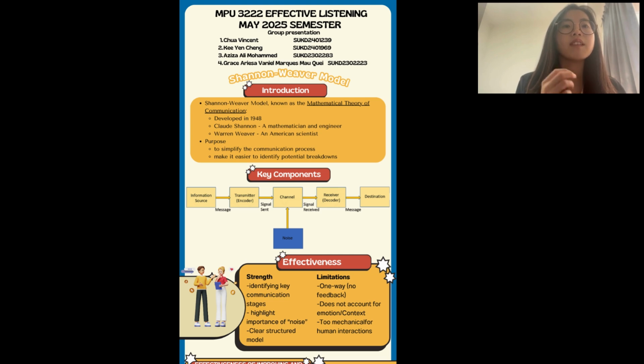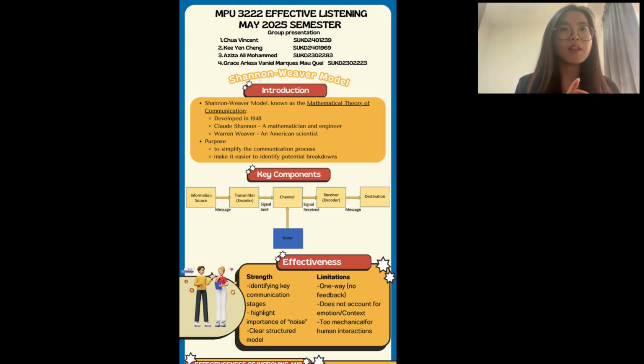The first is the information source. This is the originator of the message, such as a person who produces the message. The second is the transmitter. This converts the message into signals. The third is the channel. The channel is the medium through which the encoded message travels from the transmitter to the receiver, such as cable for television.